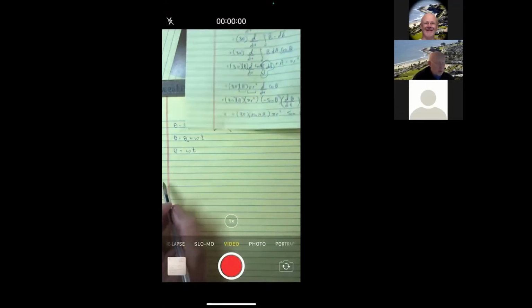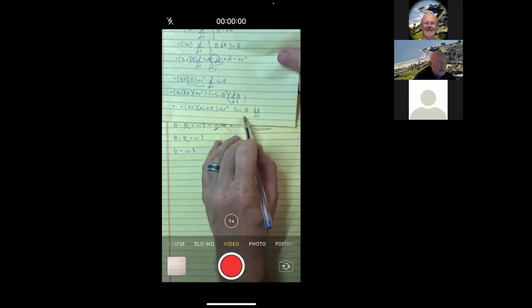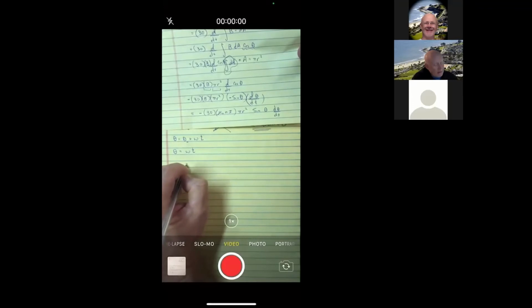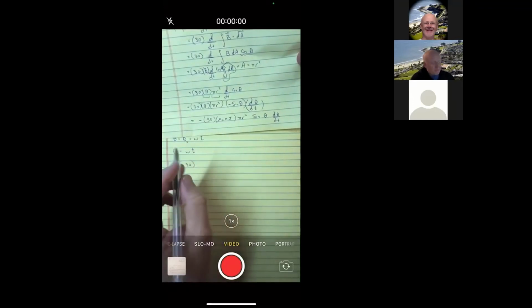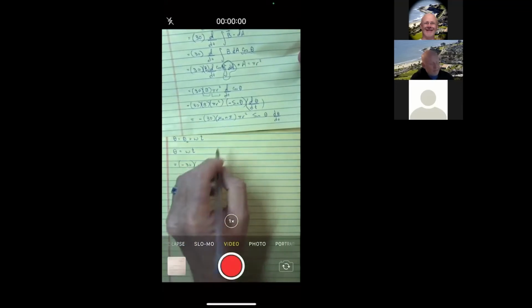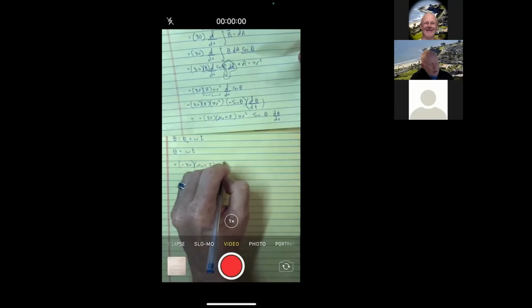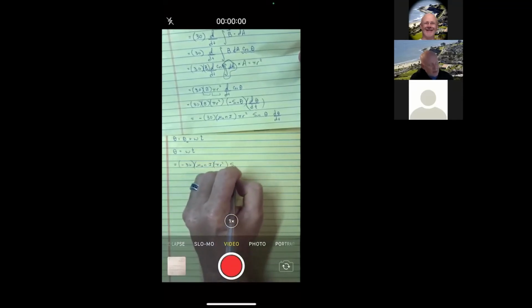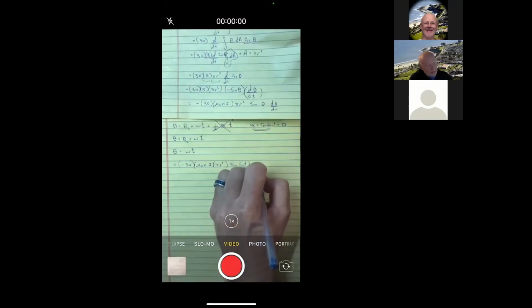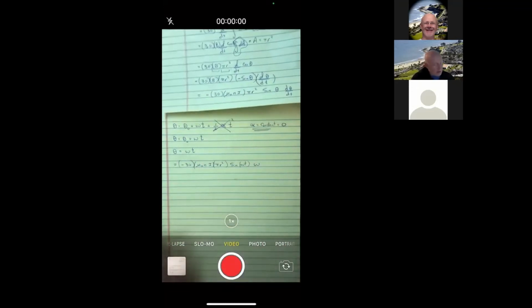And so if we put that in here, we now have -30 mu naught n i pi r squared, and we have sine omega t. And then we can take the derivative with respect to t, and then that's just its angular speed.